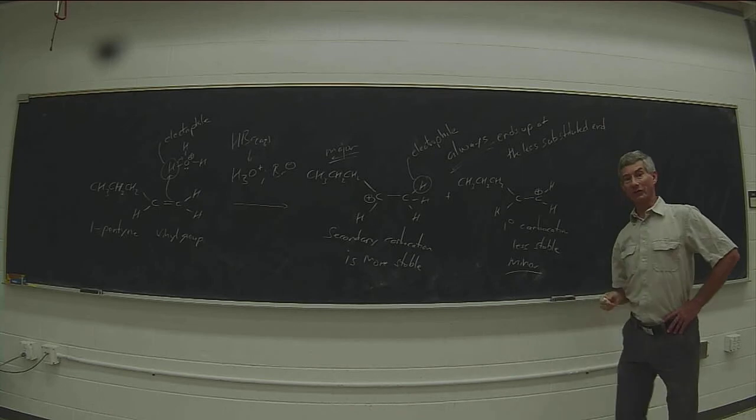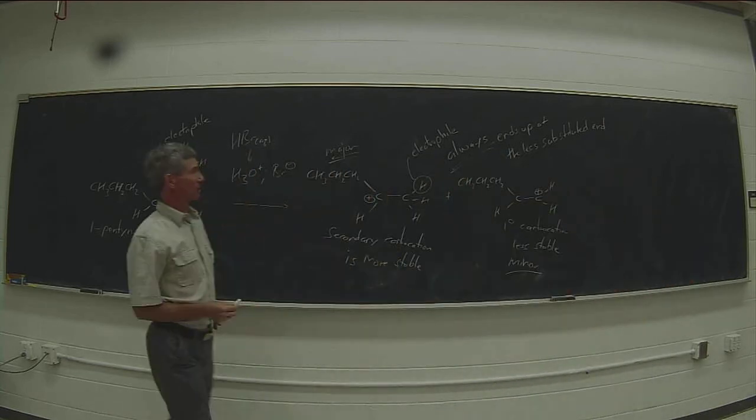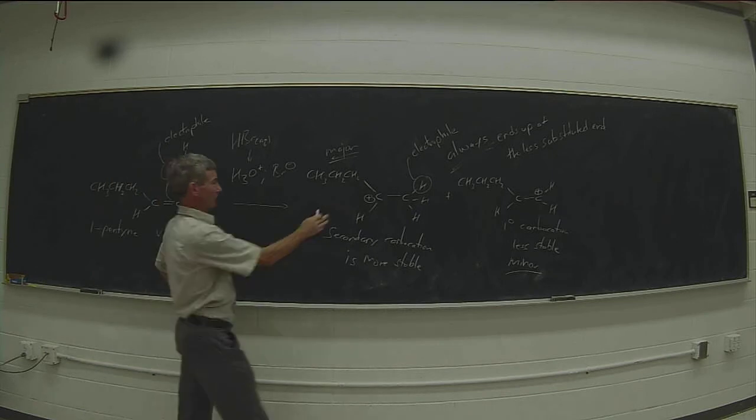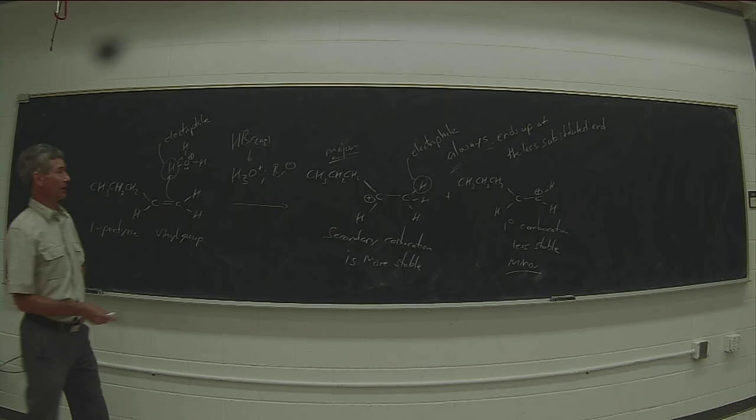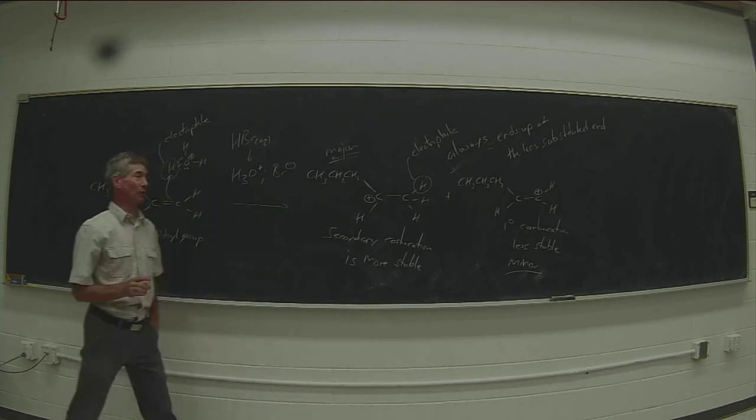There are no exceptions to that rule. The electrophile always ends up at the less substituted end because the positive or partially positive charge always wants to be at the position that has the largest amount of stabilization by hyperconjugation.